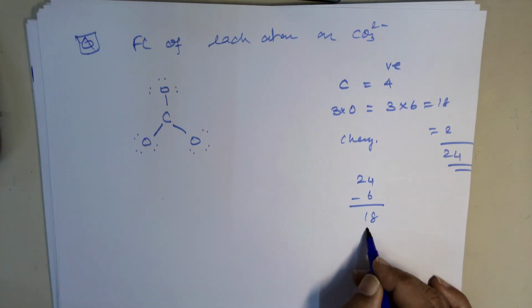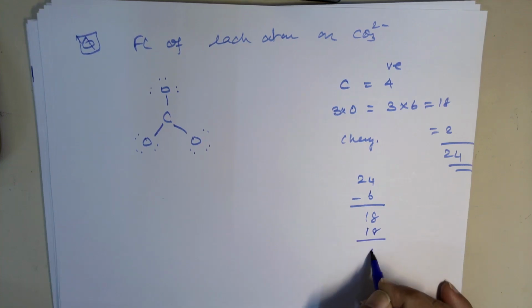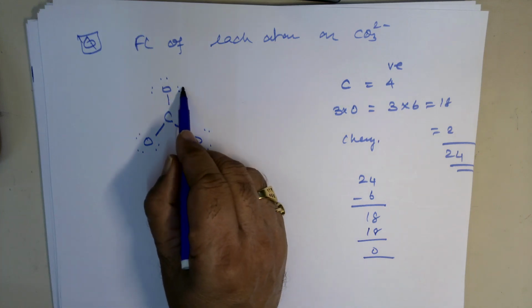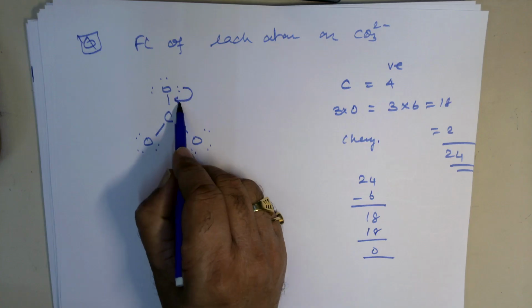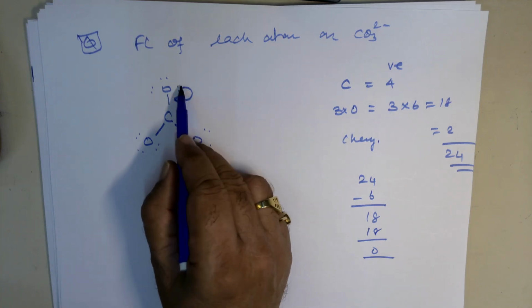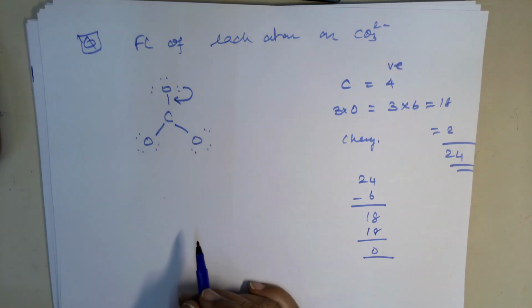When I put 18, everything has gone. And how do we account for carbon? You can move one pair of electrons like this. A pair of electrons can be shifted here.